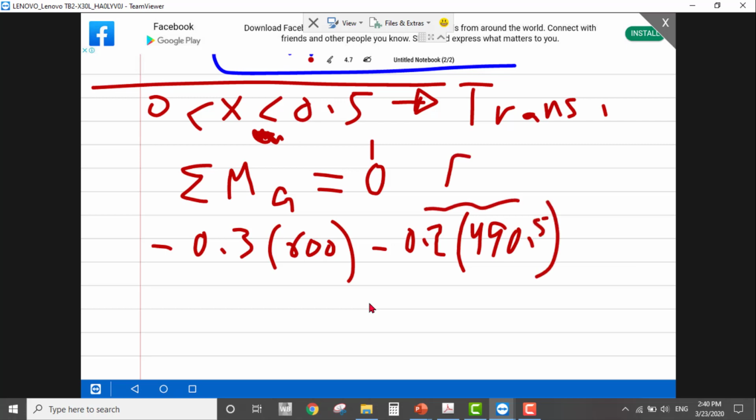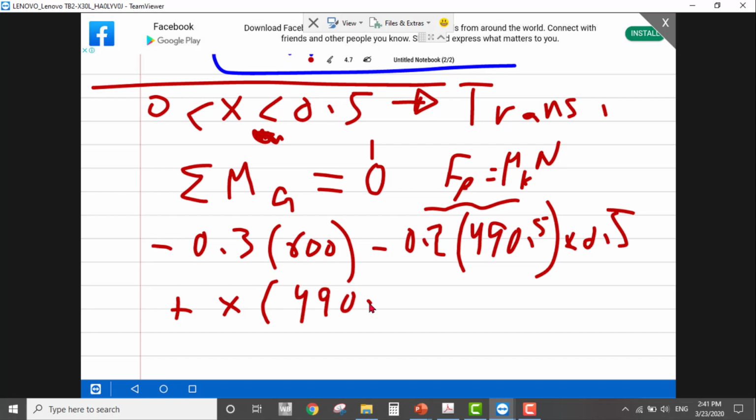This is the friction force, equal to mu k multiplied by normal, and this force is multiplied by distance 0.5, plus normal force multiplied by x, where the normal force we found previously was 490.5, equals 0.